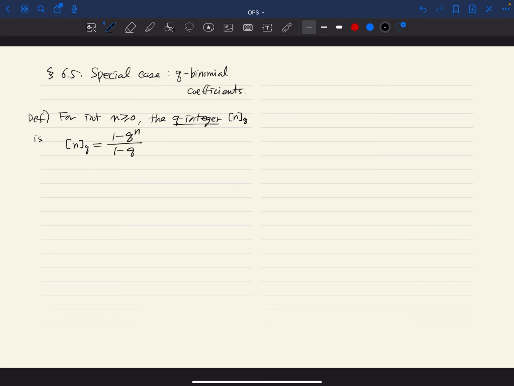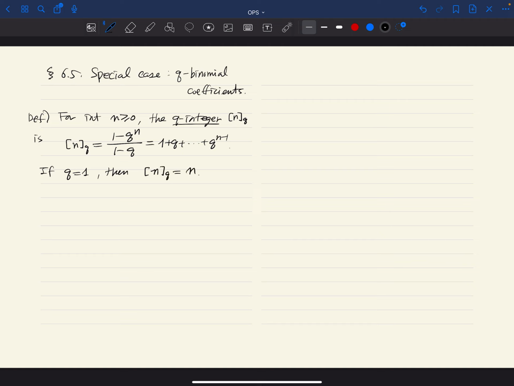If you factor the numerator, it's actually a polynomial: 1 plus q plus dot dot dot q to the n minus 1. So if q equals 1, or q approaches 1, if you want to take this as a definition, then this is just n.